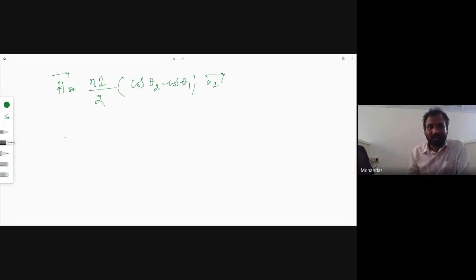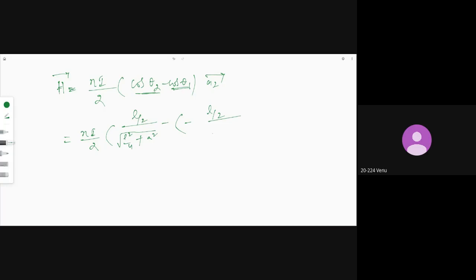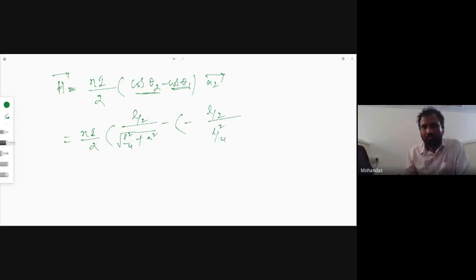So let us substitute these values. N I by 2, what is cos theta 2? L by 2 over the square root of L squared by 4 plus A squared, minus cos theta 1. We have calculated minus cos theta 1, so cos theta 1 is minus L by 2 over the square root of L squared by 4 plus A squared.